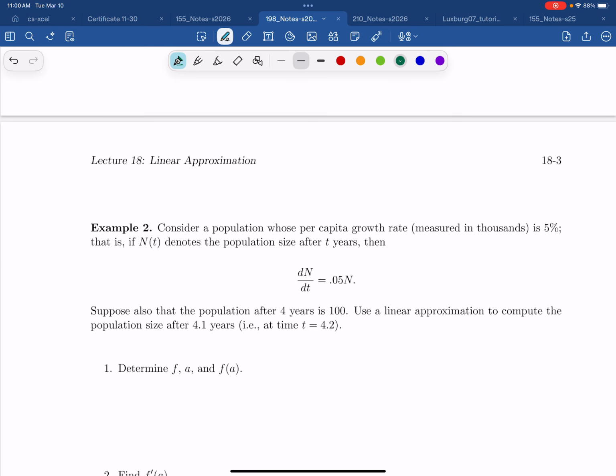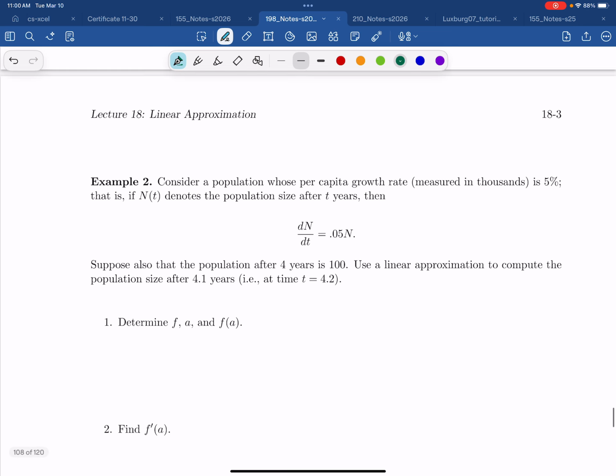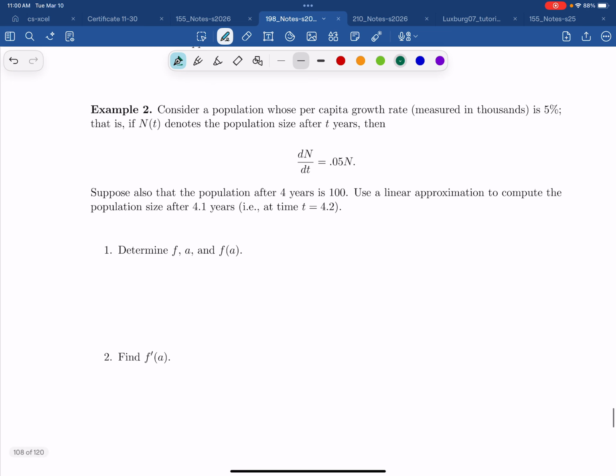Let's consider another example. This is a bit more of an applied example, like we could see in population modeling. We have a population whose per capita growth rate is 5%, which means that after t years, the growth rate of the population is proportional to the population.